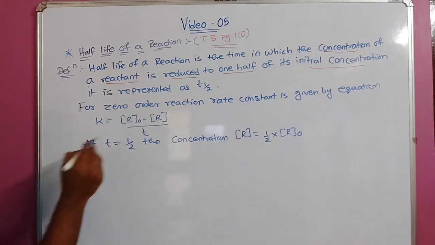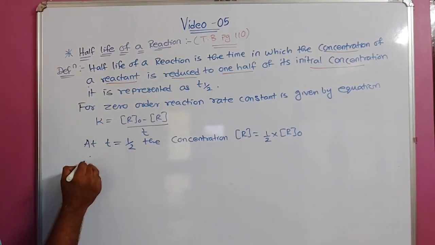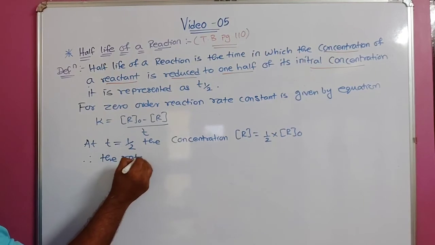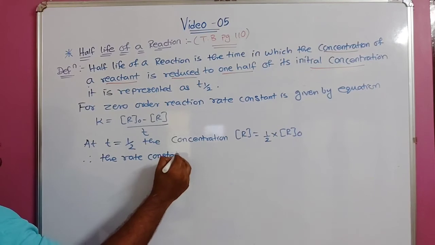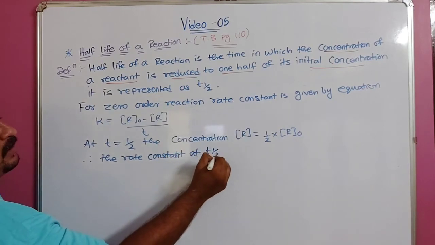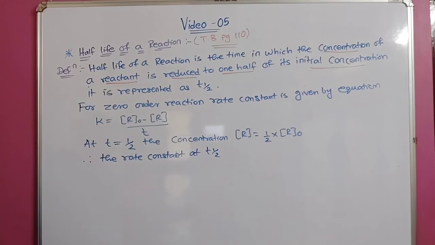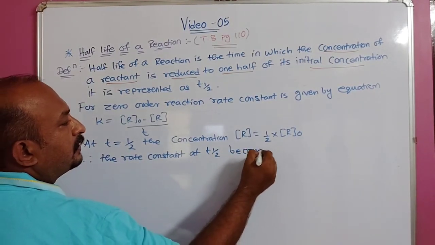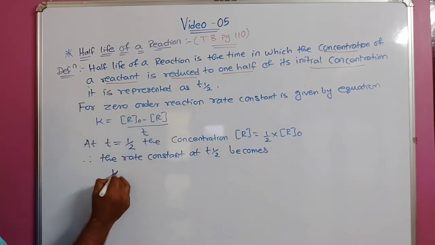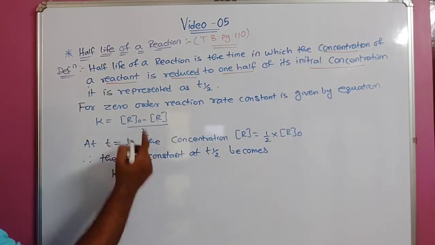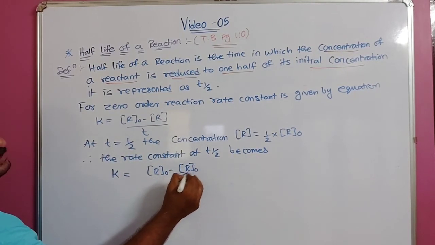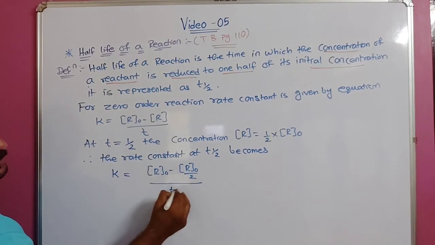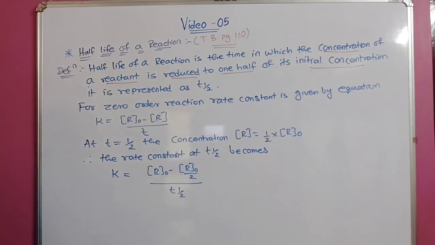Okay. Now I'll substitute this value in this equation. So the rate constant at T half, T half meaning the half-life of the reaction, I can write: K will be equal to, instead of R, R0 minus R0 by 2, whole upon T half, like this.